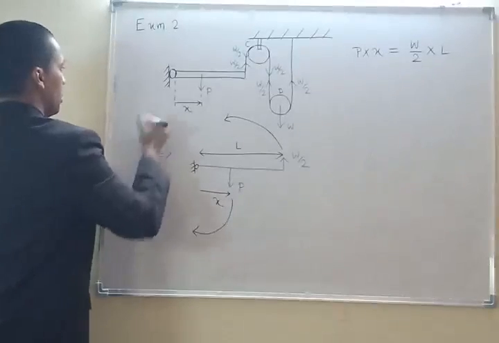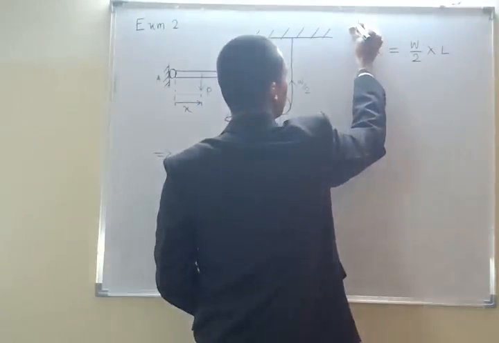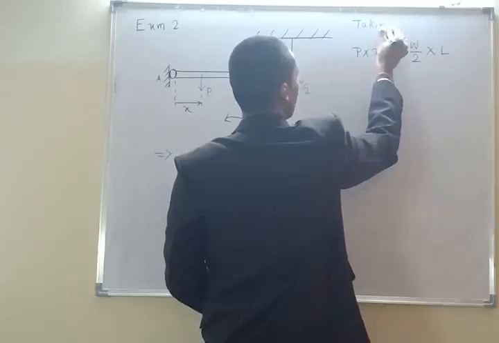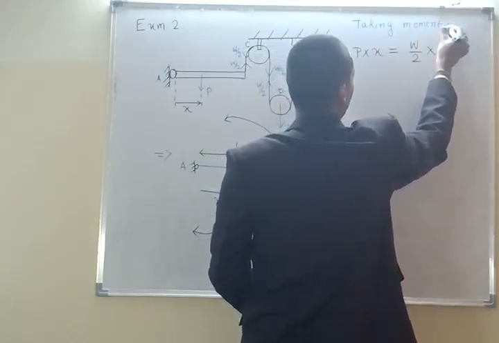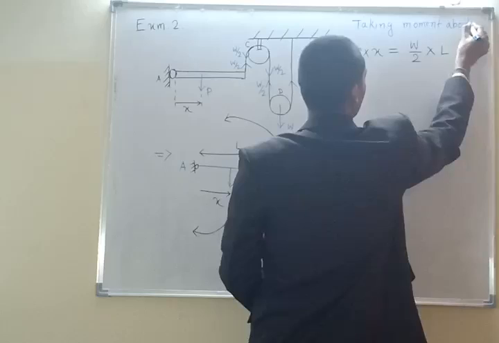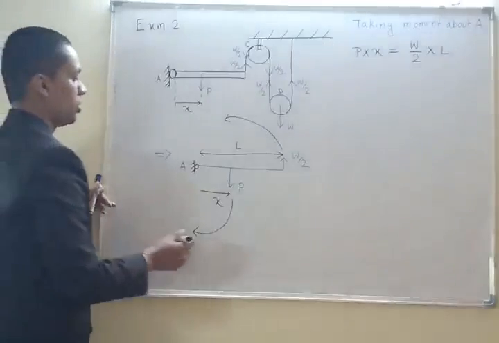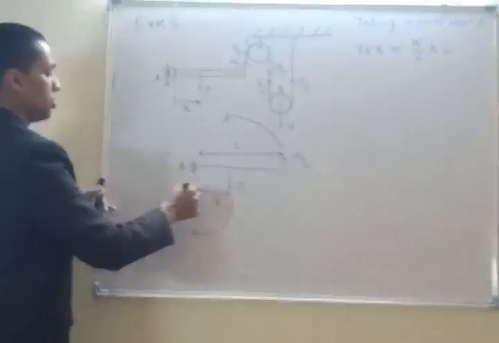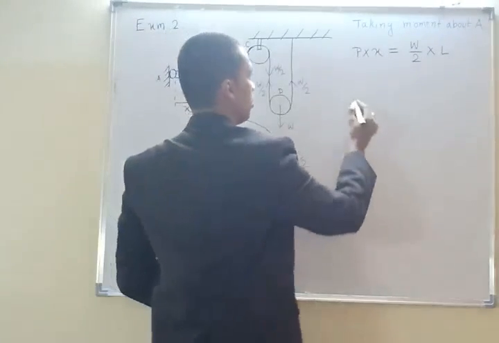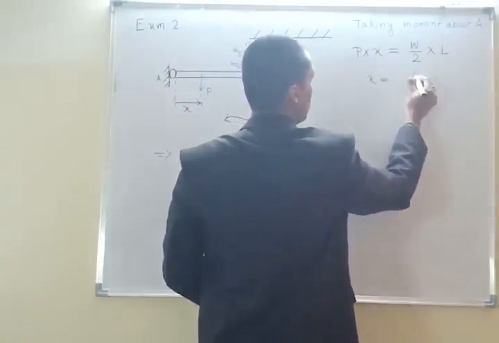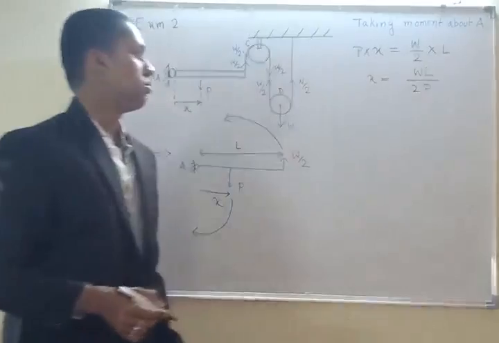Say this portion is A. So we are taking moment about A. P, the force, into distance, force is P and distance from A is x; the force is W by 2, distance from A is L. So x is equal to WL by 2P. This is the final answer.